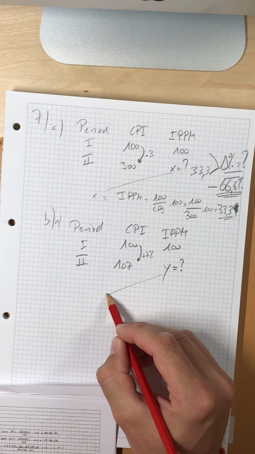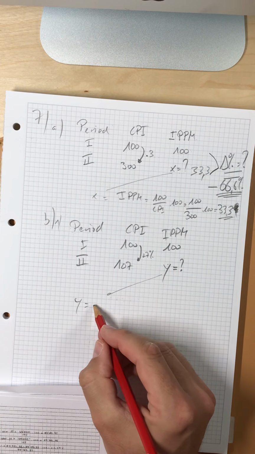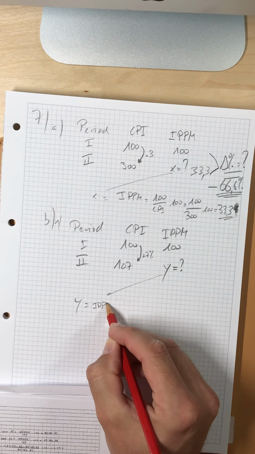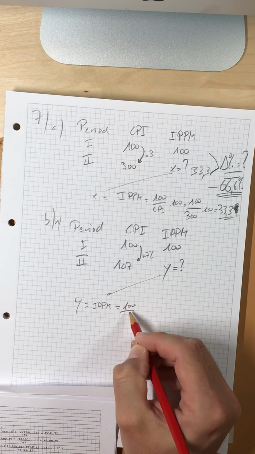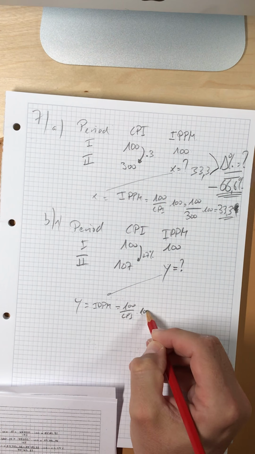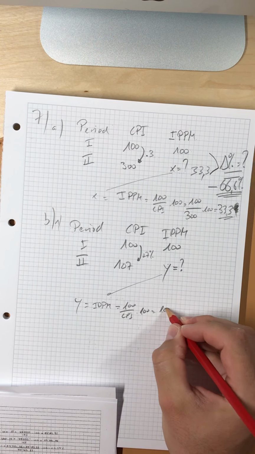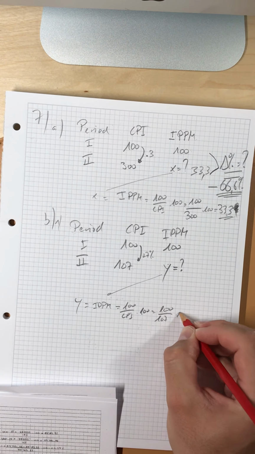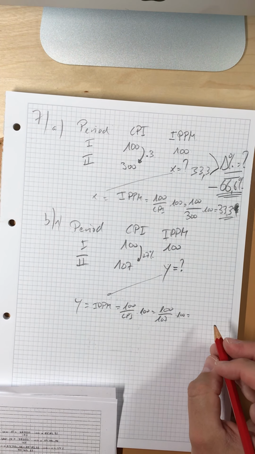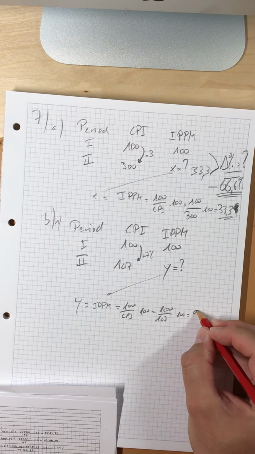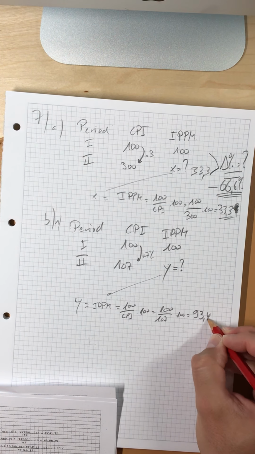So Y is equal to IPPM, 100 over CPI times 100, so 100 over 107 times 100, and it's equal to 93.46.